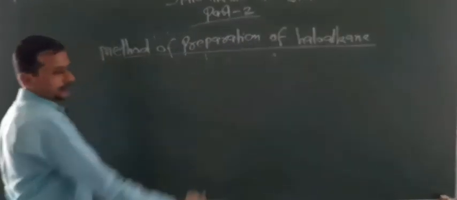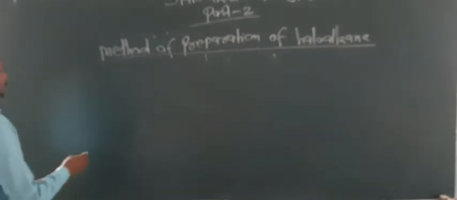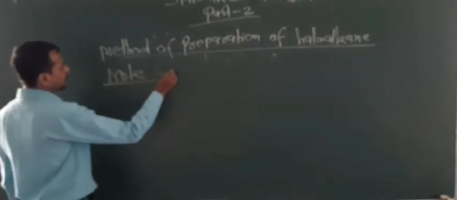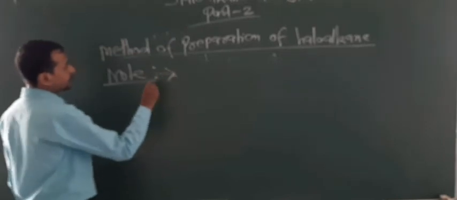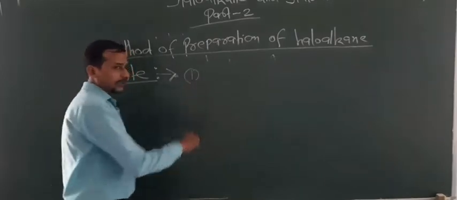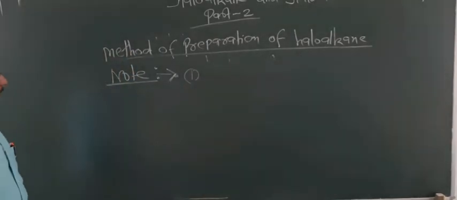Now dear students, let us focus on some noteworthy points regarding free radical halogenation. First of all, I also told you about the degree of carbon and degree of hydrogen.